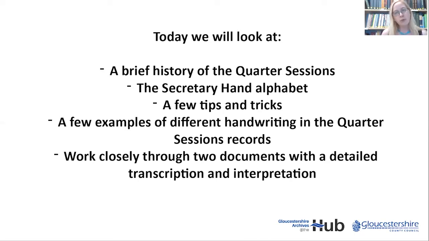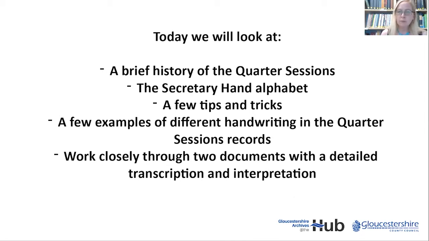So that's the general theme that we are showing today, and really I'm just giving you a bit of context in the quarter sessions. If you want to find out any more about the quarter sessions, you can look at our website or look at Google. So it will just be a very brief history of those. We'll also be looking at the secretary hand alphabet, which is the basis for this talk today.